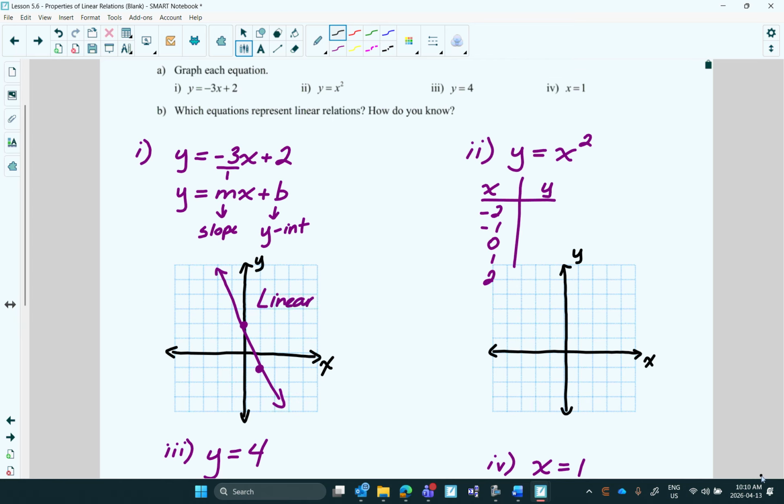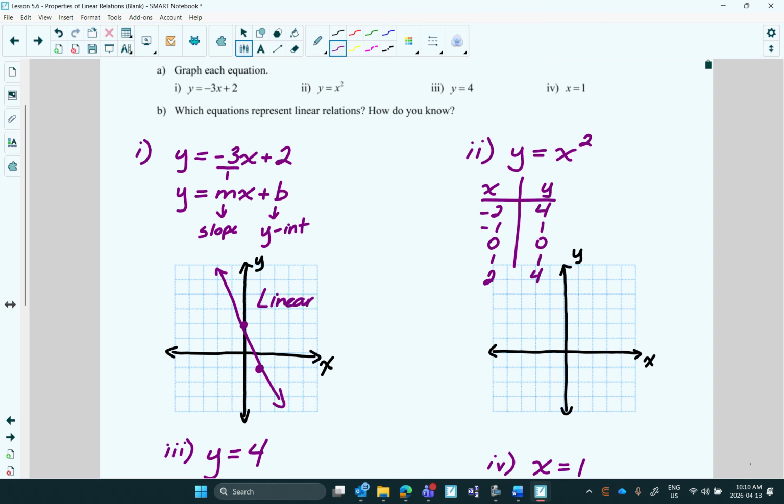All right. Now we have to calculate Y. If this is -2, what's -2 squared? +4. What's -1 squared? +1. What's 0 squared? 0. 1 squared. 1. 2 squared. 4.